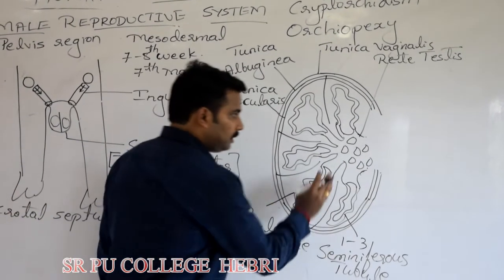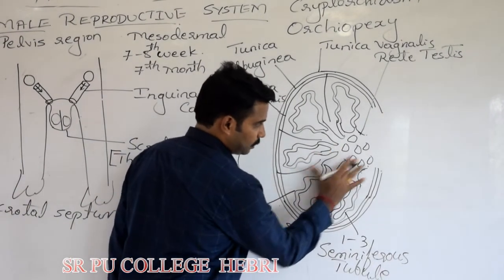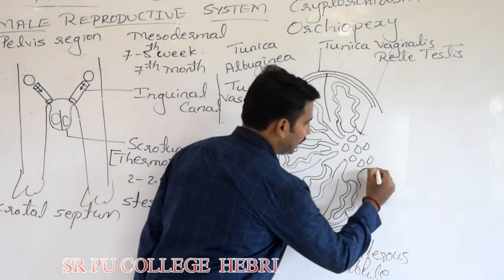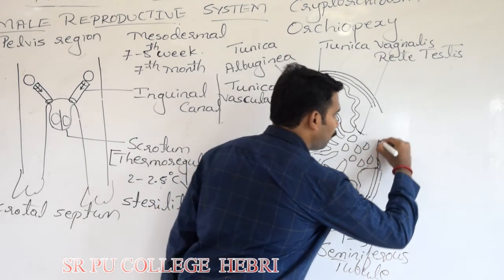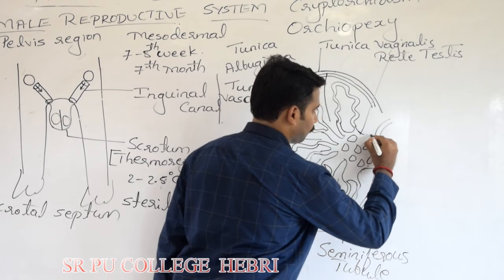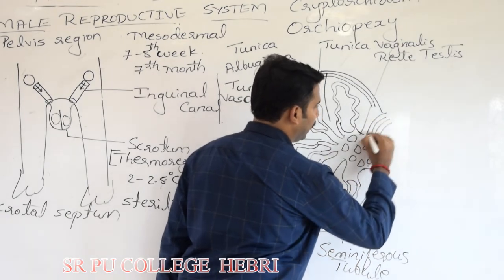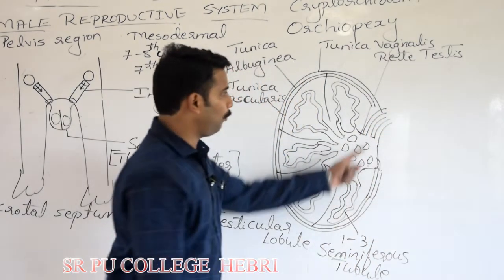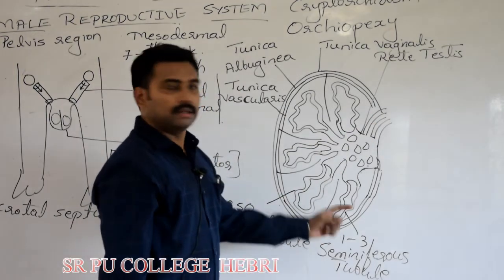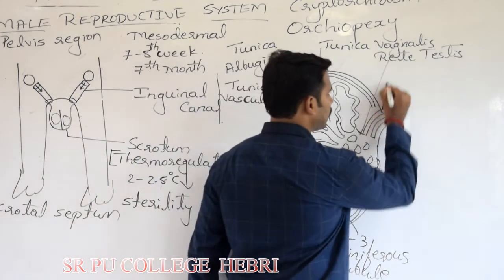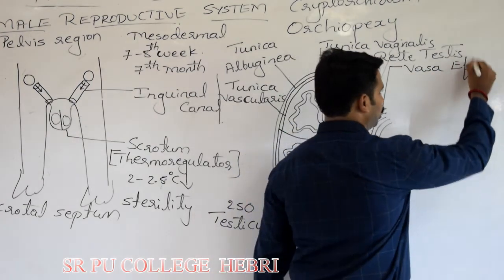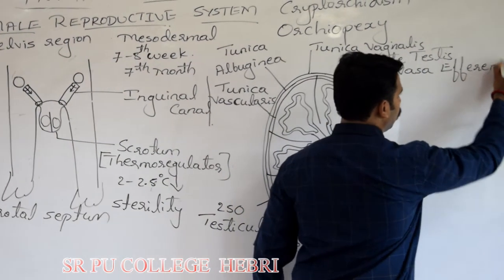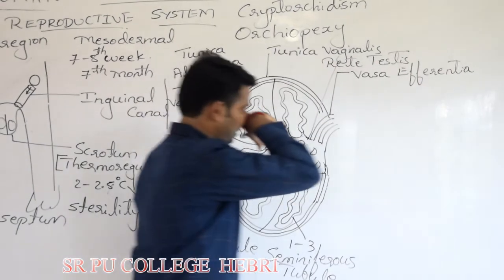Now, this network of vessels, visible, right? These network of vessels later lead to 15 to 20 narrow vessels. These narrow vessels are called vasa efferentia. What is that called? Vasa efferentia.